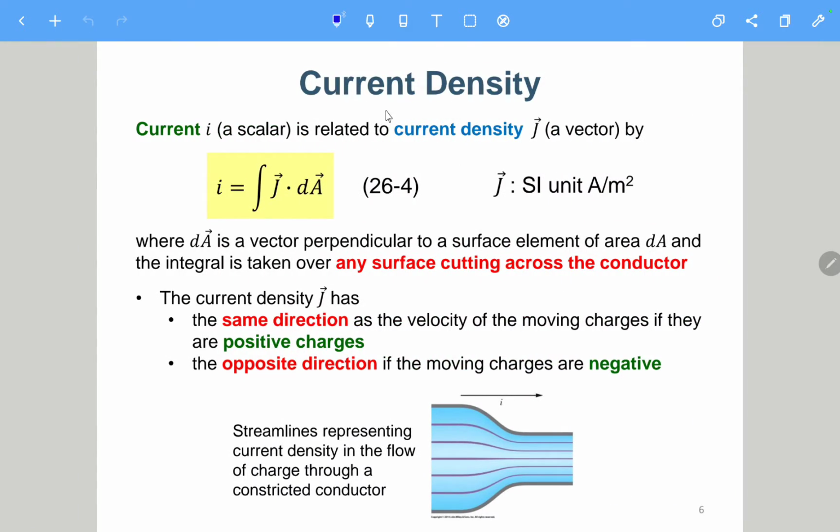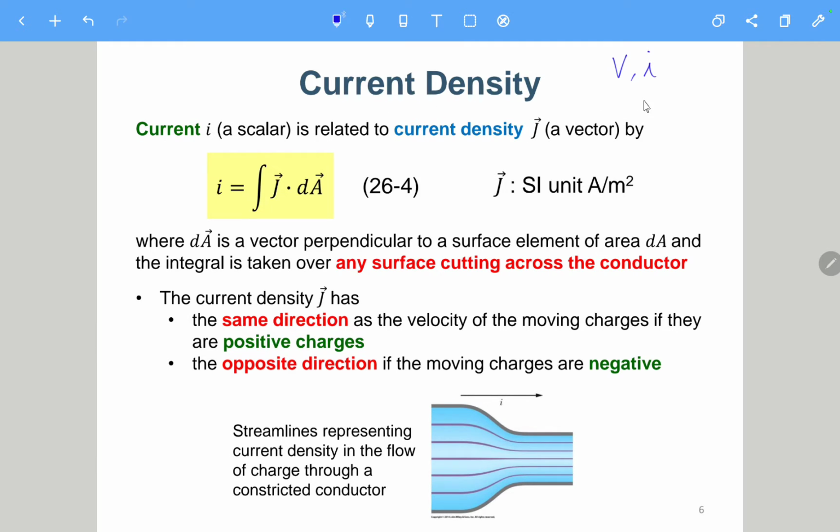Okay, so next we talk about the current density. It's like a physics topic, not a circuit topic. When we talk about circuit theory, usually we only consider the voltage and the current. We don't want to talk about the density because it's a vector, and circuit designers don't like vectors because they are difficult to calculate.